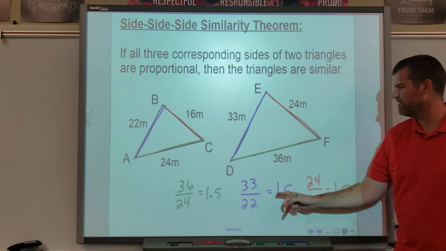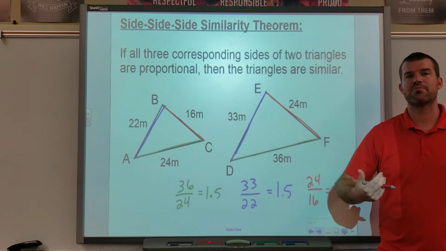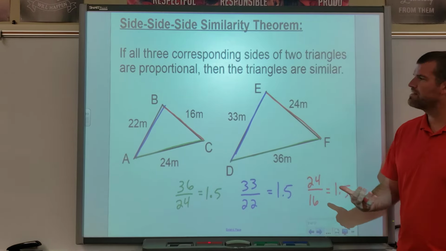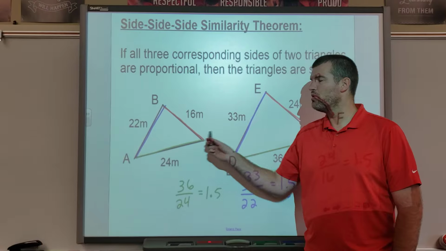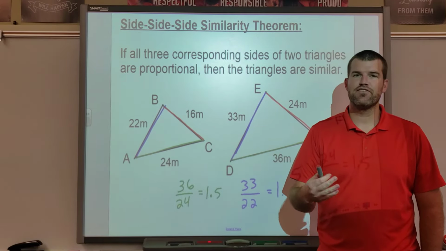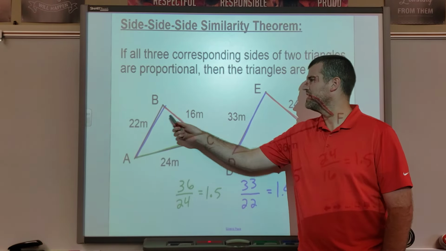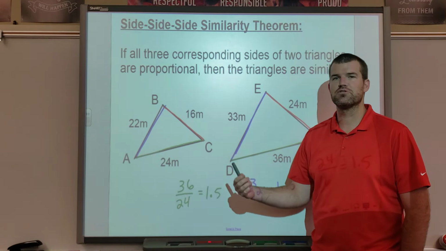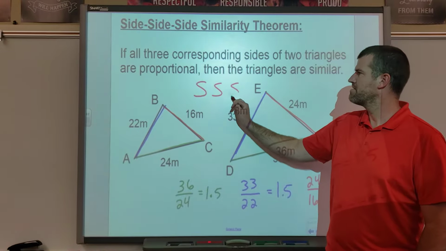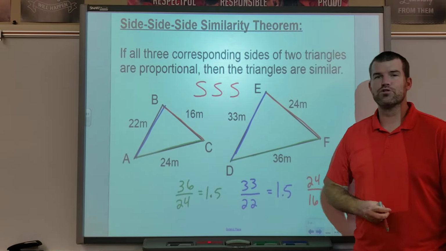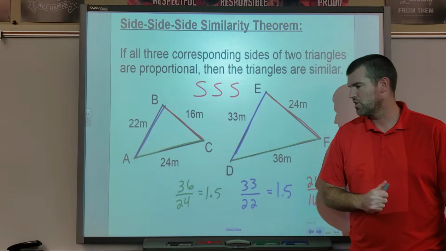So each of the three sides shares the same scale factor, which means they are all proportionate, which means even though we don't know the angle measures, we have enough information that we know the angles will end up being congruent to each other. So side, side, side is our third and final way to prove that triangles are similar.